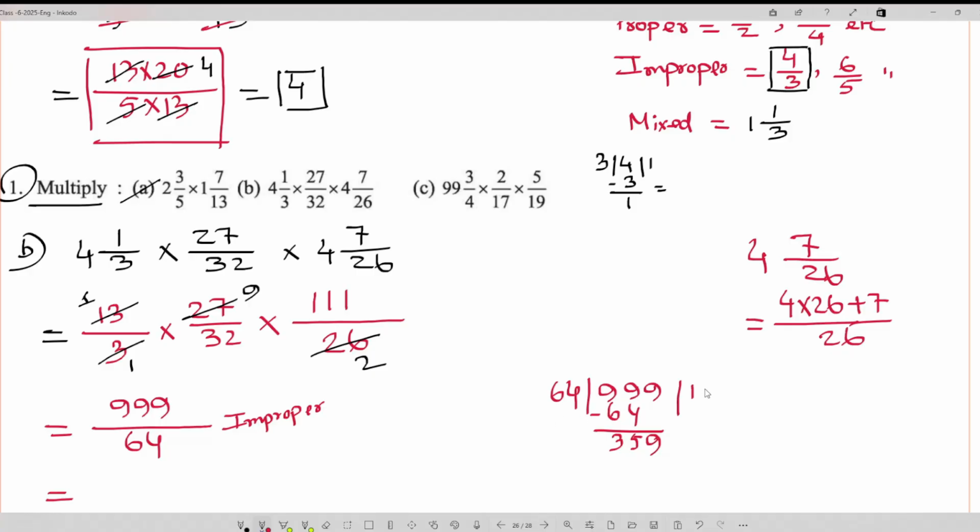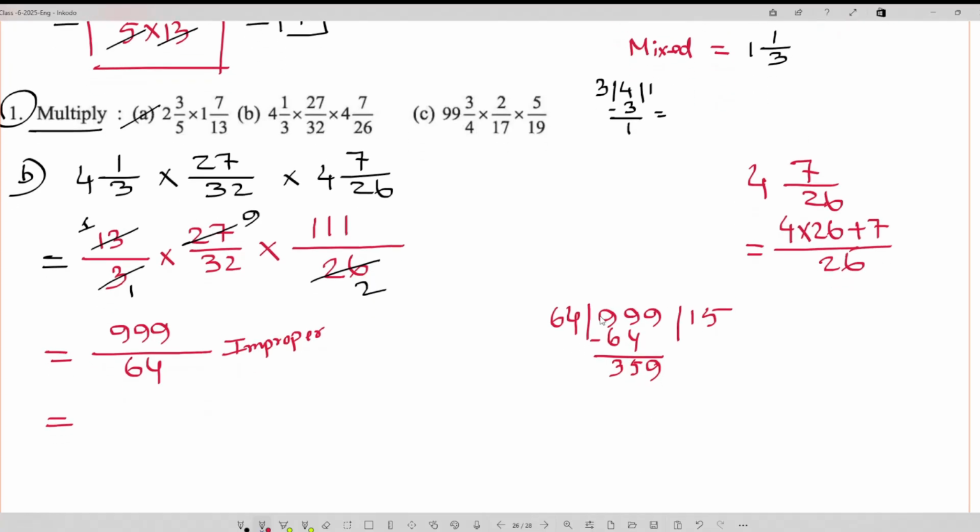So here is 39, we can use this one. So 5 times 4 is 20, 5 times 6 is 30, 30 plus 2 is 32. So here is 9, and 39 minus 32 is 7. So our answer is 15 39 divided by 64. This is our answer.